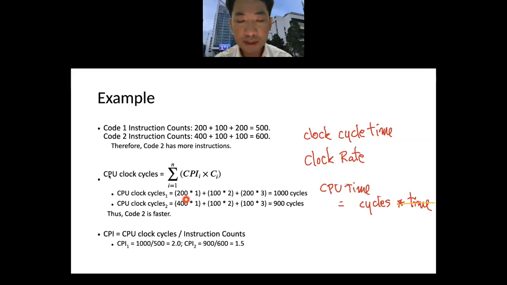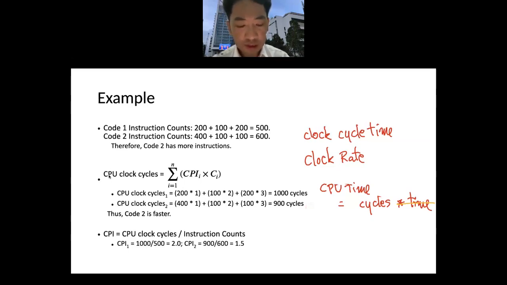You can see the number of class A instructions, 200, times the CPI of class A, plus the number of class B instructions times the CPI of class B, and here is the number of class C instructions times the CPI of class C. From the solution, we can see that code number 1 takes 1,000 cycles, while code number 2 takes only 900 cycles. So code number 2 is faster.